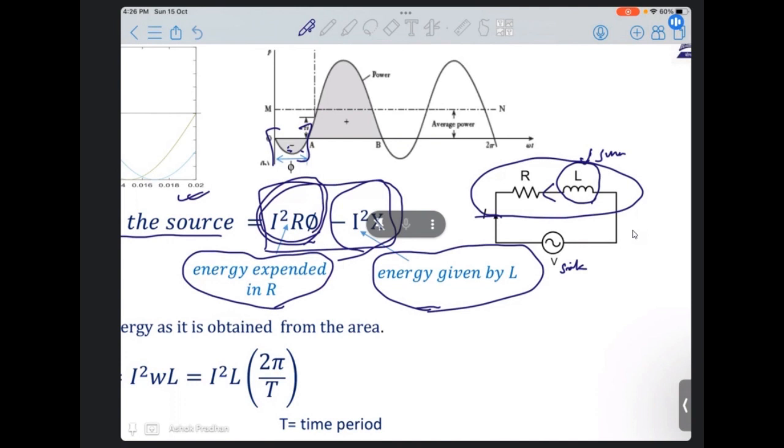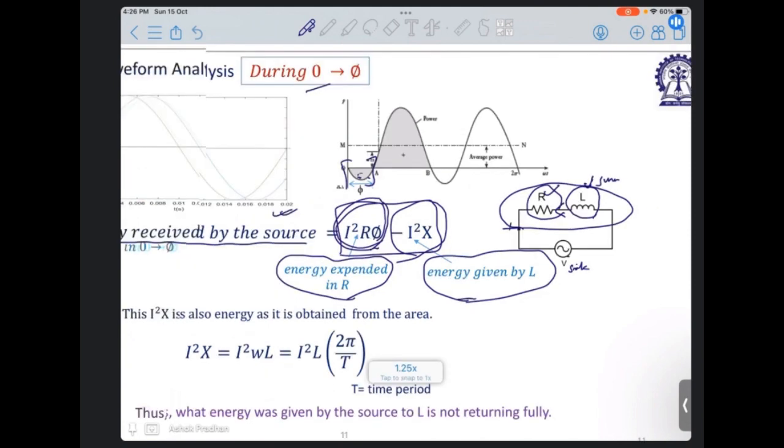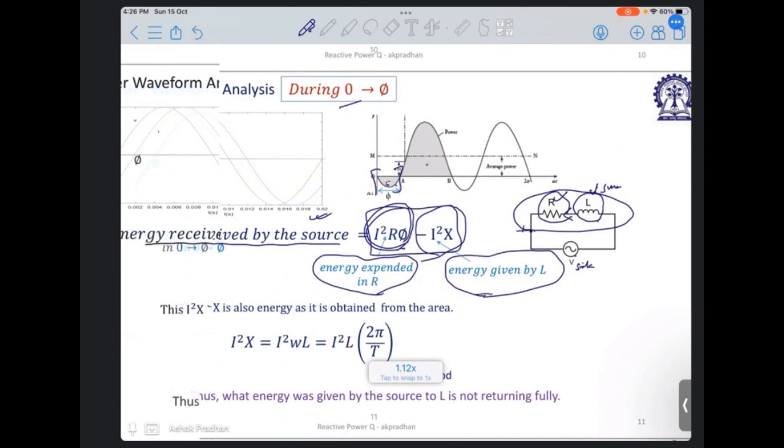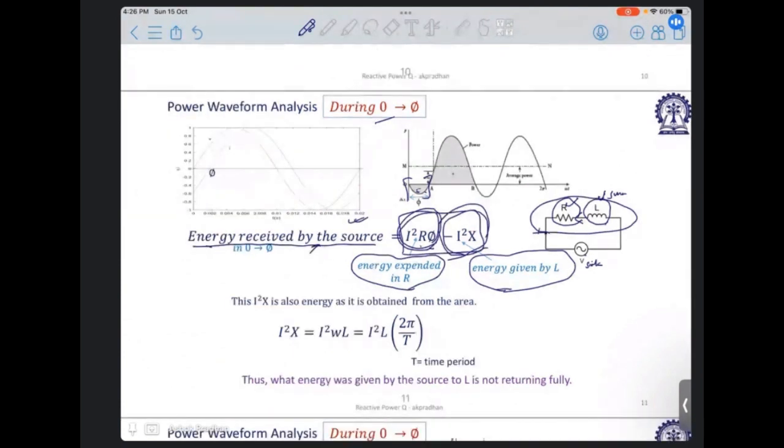In this path the current is delivered through this one, so the resistance consumes again, whichever way the current flows. The negative power is non-consuming. So the source here acts as this part, this becomes your sink, and the resistance consumes power. All positive terms are consumption, and negative terms are generation.